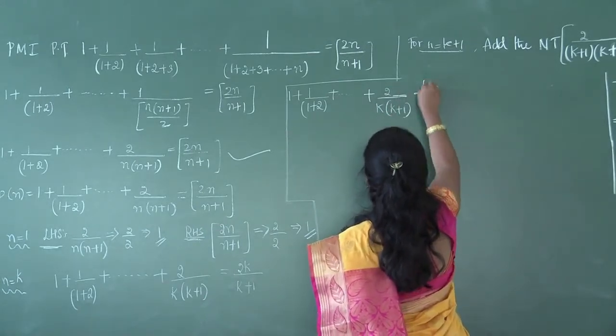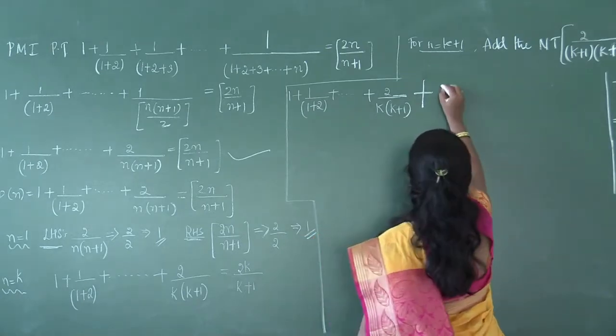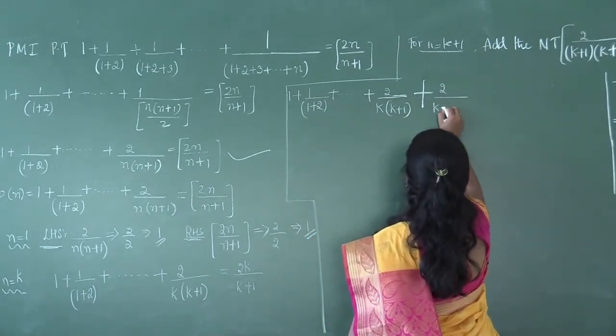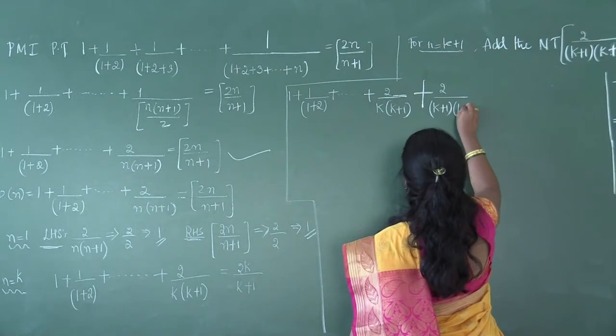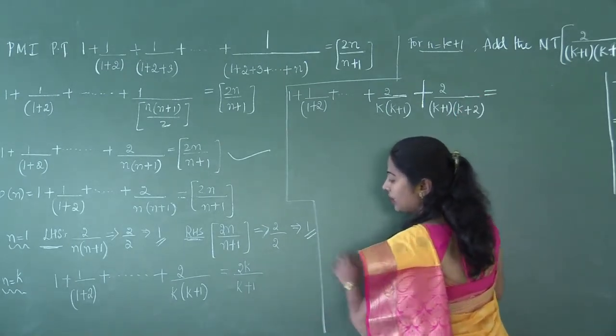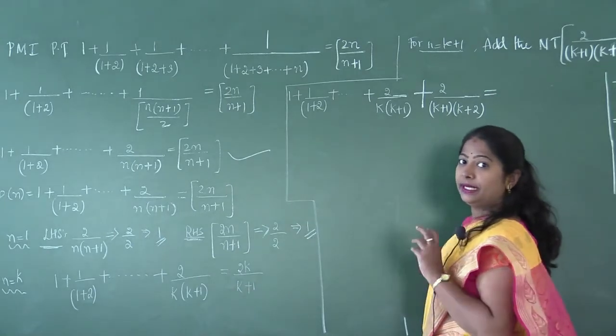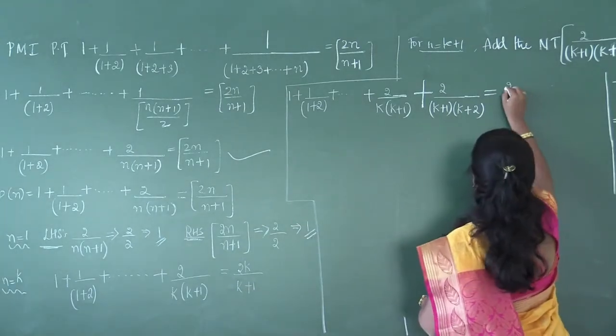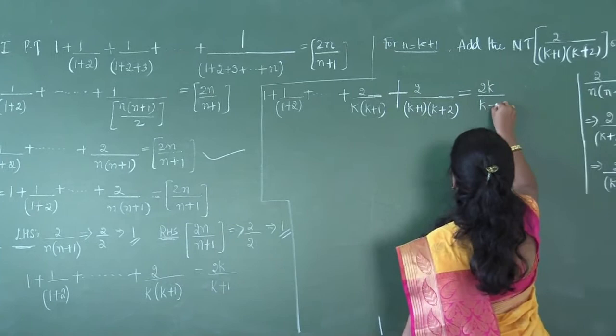I am adding the next term. Which is the next term? 2 divided by k plus 1 into k plus 2 equal to, what is in the RHS? 2k divided by k plus 1.